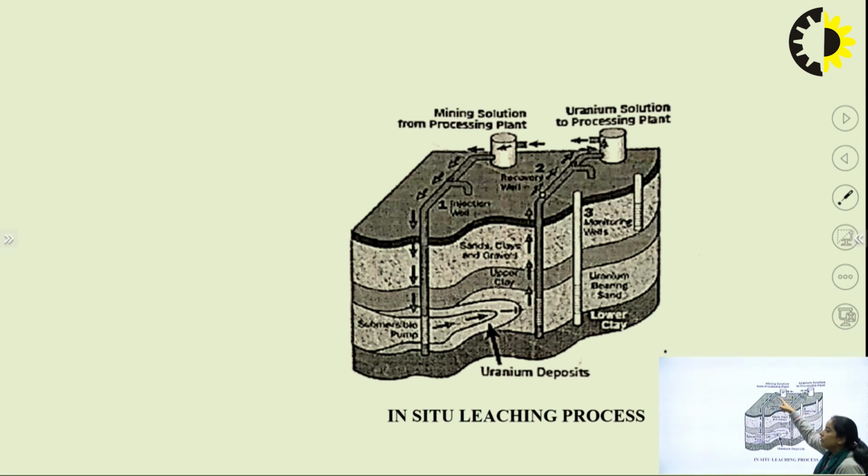Through one hole the uranium mining solution is sent to the earth layer, so that uranium can be received through this pipeline. So two holes are here: through one hole the mining solution is sent to the earth layer, and another one is for receiving the uranium solution from the earth layer. In the processing plant itself we receive the uranium solution.